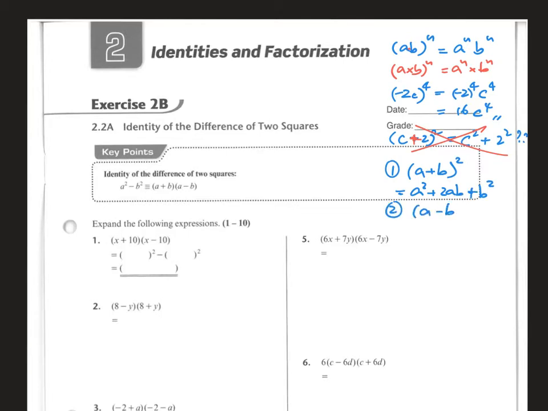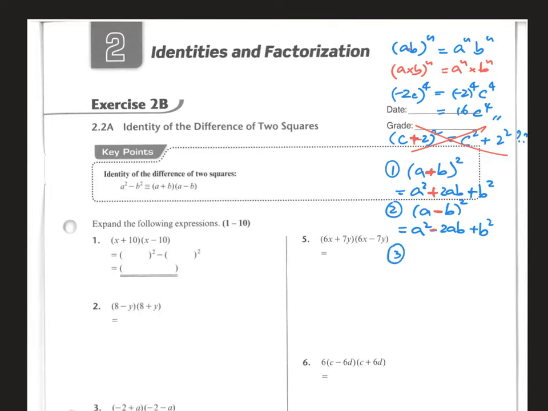Next we have (a minus b) squared. Again, it's not just a squared and b squared, but there is a minus 2ab in between. So the middle one should be 2ab, but the sign depends on whether it's a plus b at first, so you have plus in between, or a minus b at first, so it's minus 2ab in between.